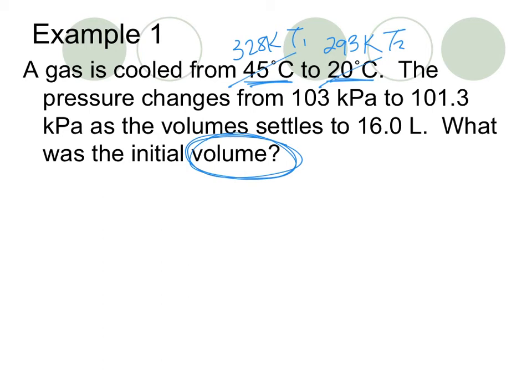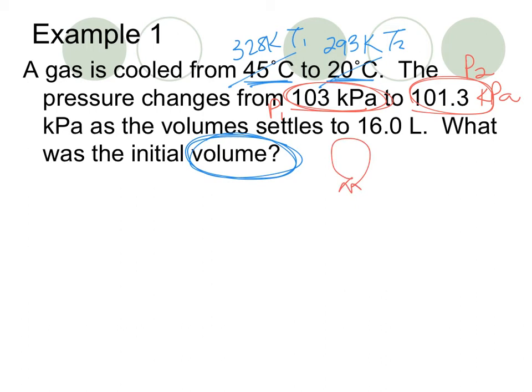And so we are expecting, just based on the temperature, that this volume might shrink, but we have to keep reading. The pressure changes from 103, so there's our P1, to 101.3, kPa's on the next line. That's our P2. Now, let's think about this. The pressure decreased.